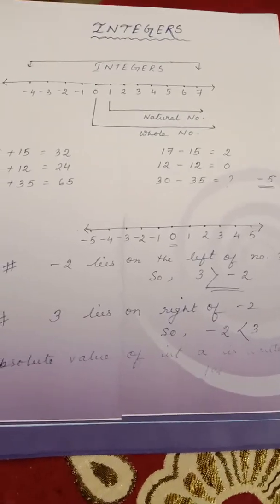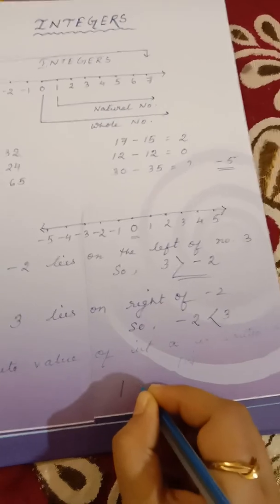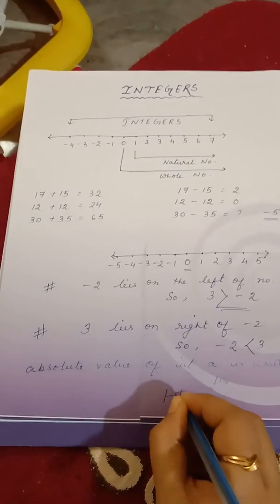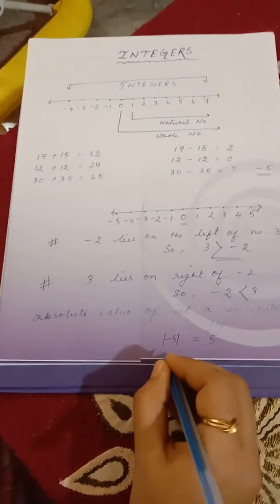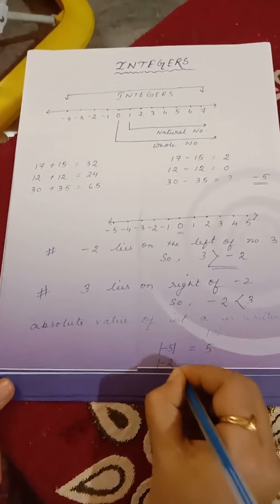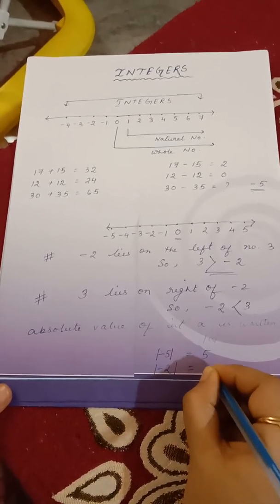So as example, we can tell that the absolute value of -5 will be 5. Absolute value of -2 will be 2.